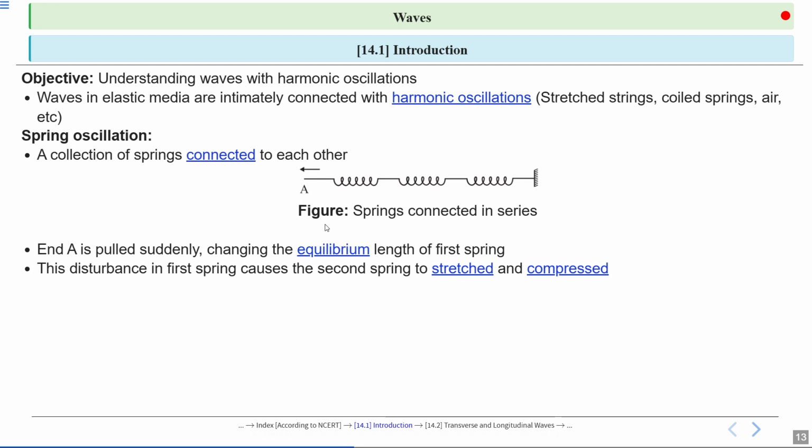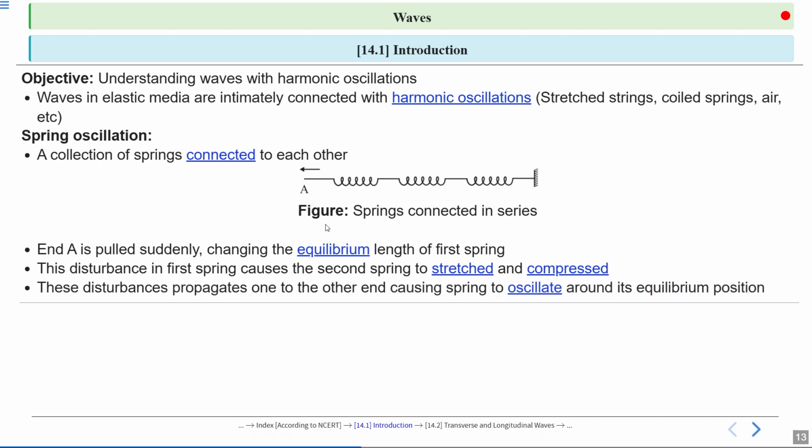So, this initial disturbance does not just stay in the first spring, it causes the second spring to stretch and compress as well. In other words, the energy from the first spring is transferred to the next one, and so on.